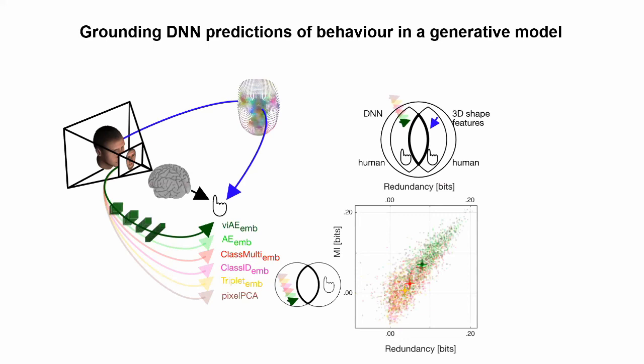And that gives us this 2D plot where we see the MI, so there's the bivariate performance on the y-axis. And then we plot that against this redundancy with the shape features on the x-axis. And we see if a model gets better at predicting the behavioral responses, it seems to be doing so because it's using features that are also contained in the 3D shape variants, which we can control.